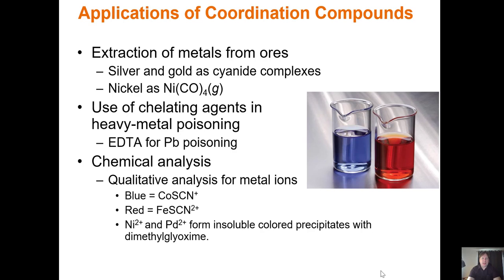So we have some of these bright, obvious colors that show up in the lab, again, depending on which unknown you had, that are telling us, yes, I have this particular metal ion when I see this particular color.